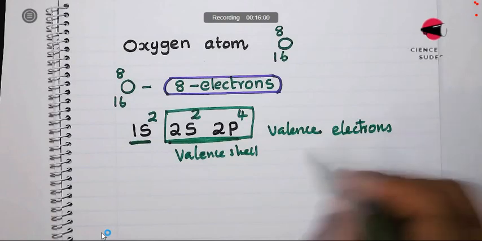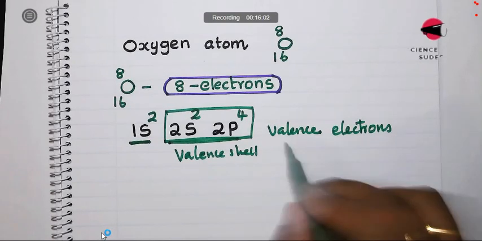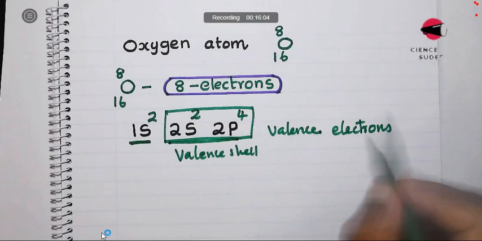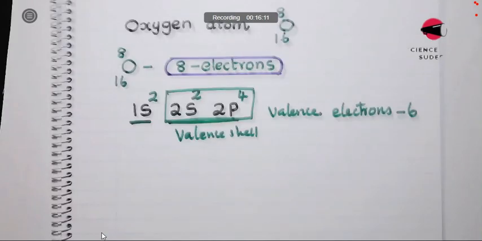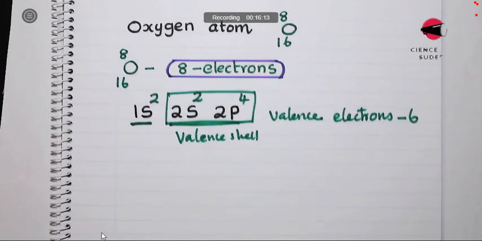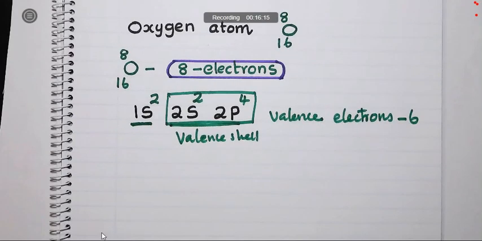Let's check how many valence electrons we have. We have 2 plus 4, which is 6 valence electrons. That's the number of valence electrons. So this is how we draw the electron configuration of different elements or atoms. That's all about today's class. I hope you enjoyed it. Thank you.